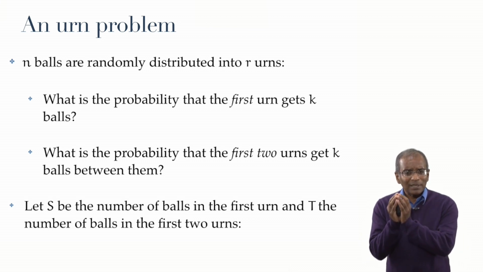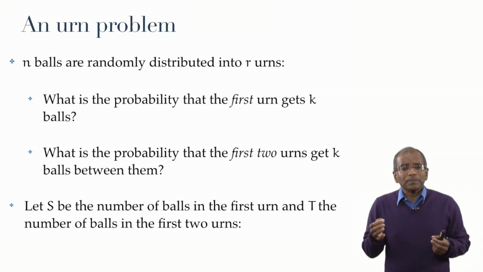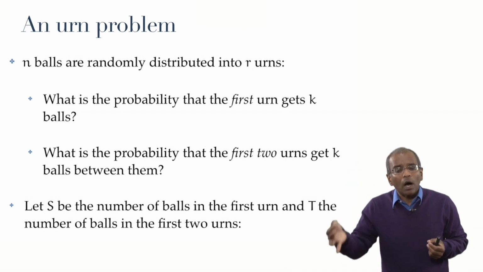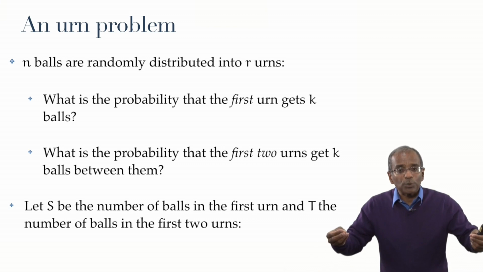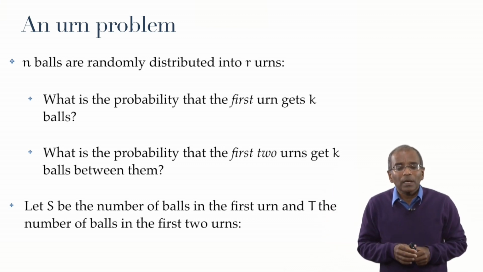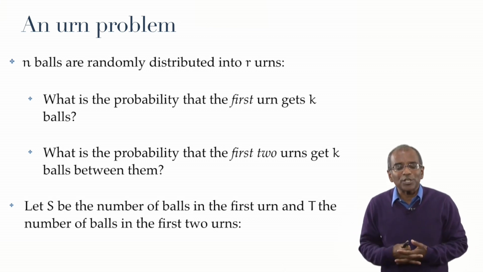Let's think about the first urn. There are n balls, and each ball has a probability 1 over r of being placed in the first urn. There are exactly r possibilities, and so the chance is 1 over r that you go into one of them. The balls are placed in urns independently of each other.